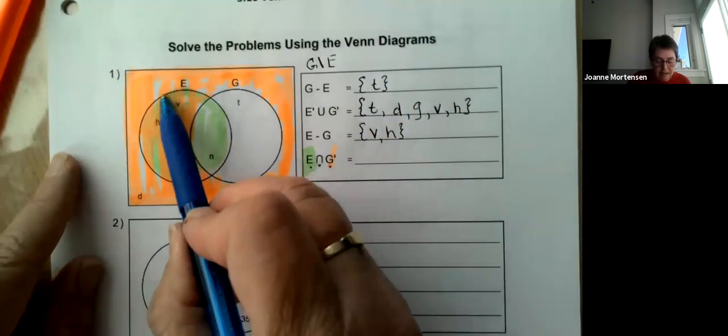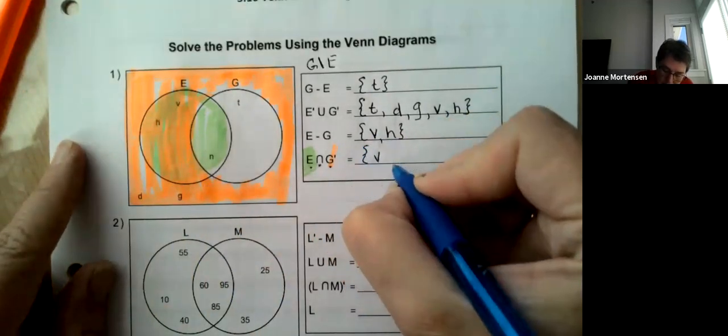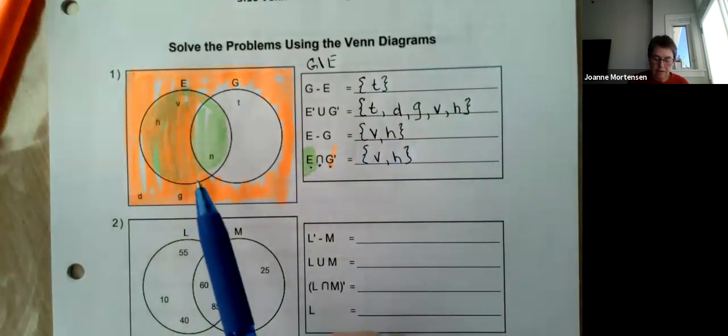So that's going to be this circle here. And that's V comma H.